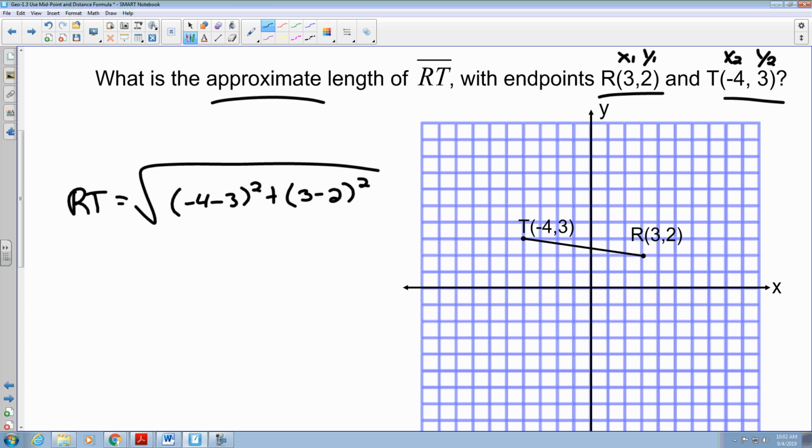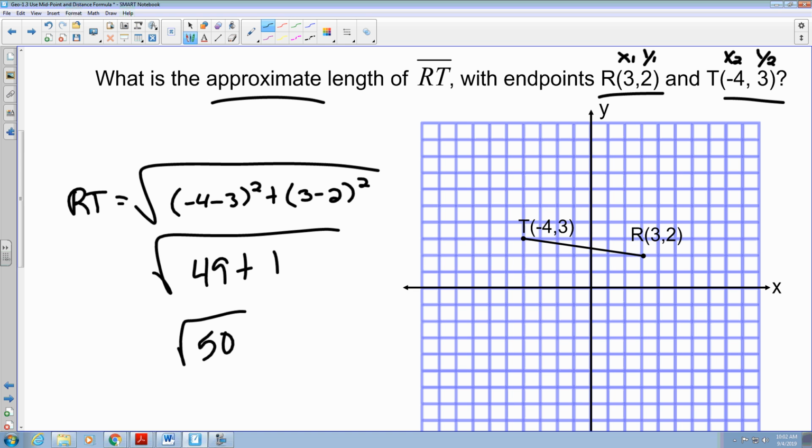Take care of everything inside parentheses. Negative 4 minus 3 is negative 7. Square that, I get 49. So I've got the square root of 49 plus 3 minus 2, which is 1. 1 squared is 1. So I've got the square root of 50.